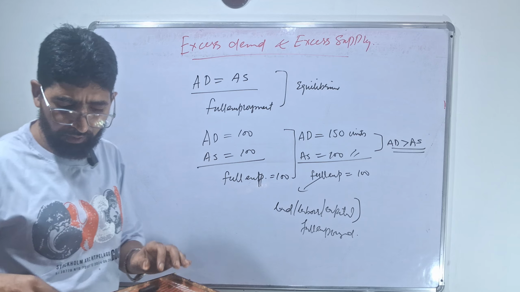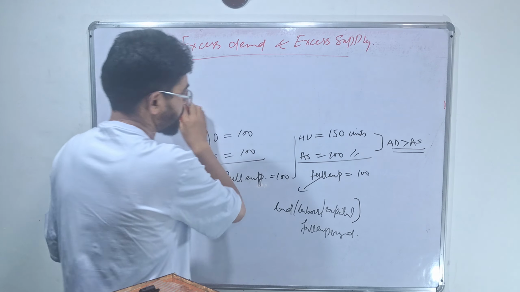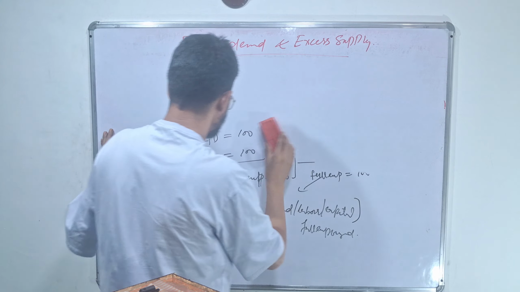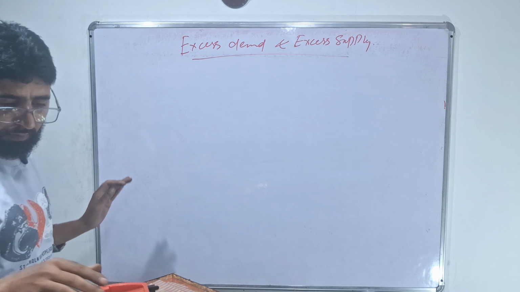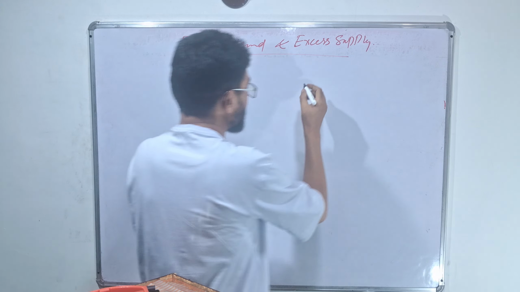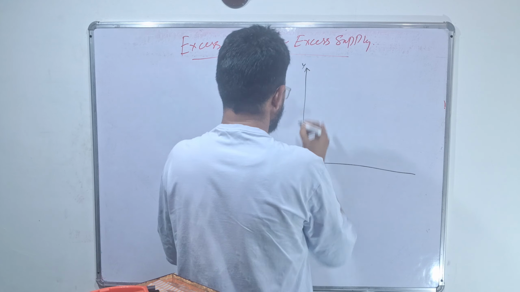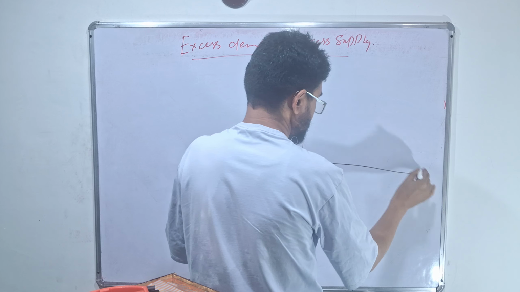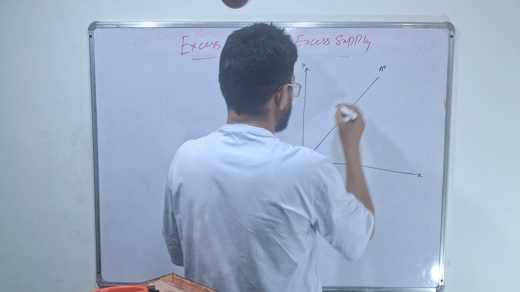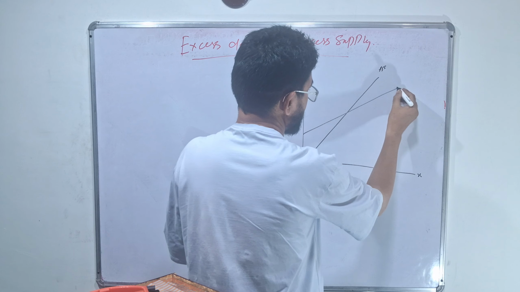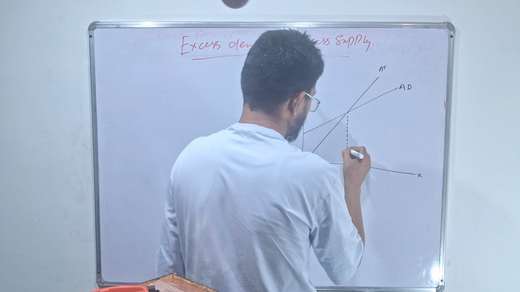I will show it with the help of a graphical representation so that you can easily understand. For example, this is Y, this is 0, this is X, this is the aggregate supply curve, this the aggregate demand curve, this the level of full employment, as I showed in the previous lecture.